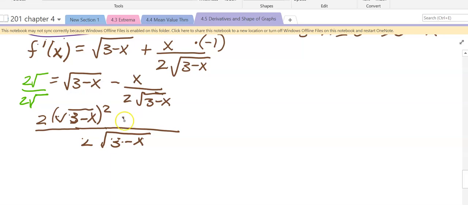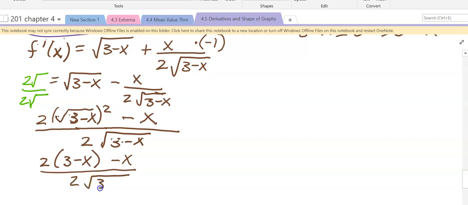and in the numerator, I will also have a minus x from the second one. To simplify a little bit further, this would give me 2 times the quantity 3 minus x, since the radical was squared, and I will have another minus x, all divided by 2 times the square root of 3 minus x.